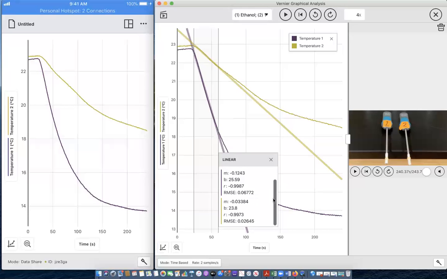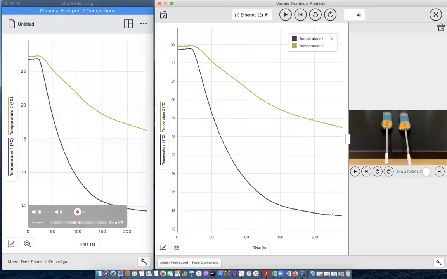If I look at the yellow green color one, temperature number 2, which was my 1-propanol, that slope is negative 0.0334 if I round that up. So it was changing much less than what we were getting in terms of taking a look at the ethanol.